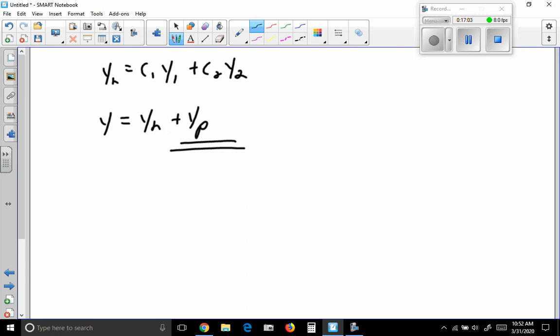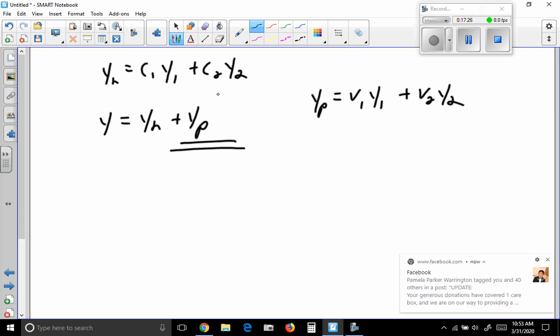When we set this up with constant coefficients, we came down with two equations. We said that the particular solutions were going to be in the format some function times y1 and some function times y2, where y1 and y2 were solutions of the homogeneous.